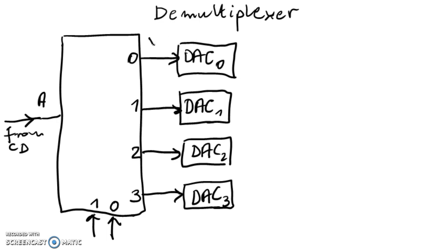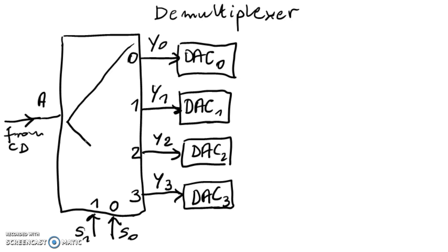Let's denote the outputs as Y0, Y1, Y2, and Y3, and the select lines as usual S1, S0. The symbol is very similar. It is a flipped version of the multiplexer symbol, but be aware that you cannot obtain the real demultiplexer device just by flipping the multiplexer.